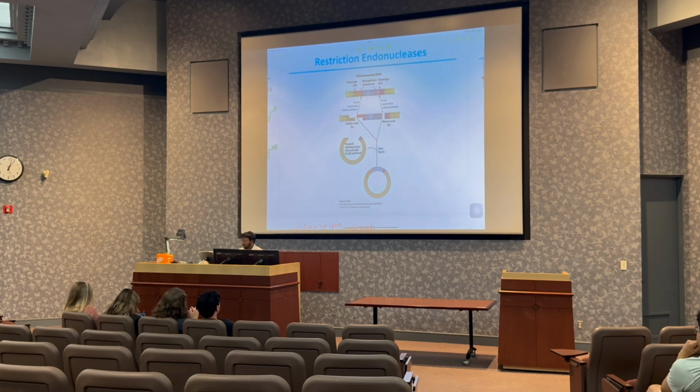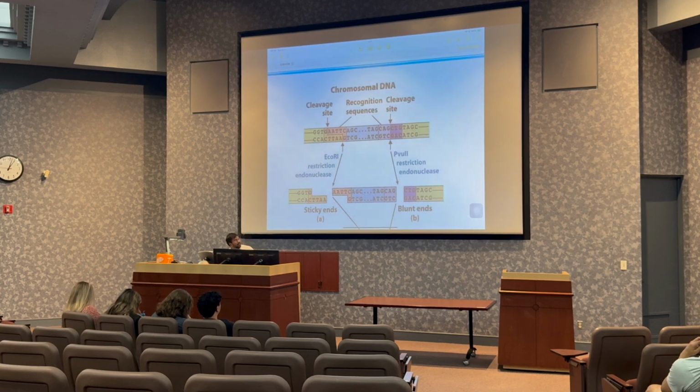Let's discuss one of the restriction endonucleases, which is EcoR1. If you remember, it cuts the DNA sequence at GAATTC. Let's zoom in and see if they have the same sequences as I was discussing. So it has GAATTC. Can you see that? The opposite strand also has GAATTC.